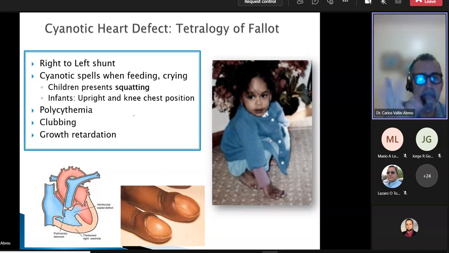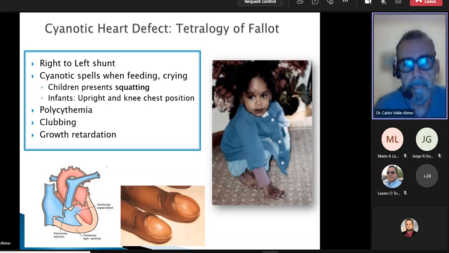If it is left to the natural evolution, you are going to see a child with growth retardation, failure to thrive, but also you are going to see a child that is cyanotic, and you see the lips and the fingers, the nails of these children, you see a bluish discoloration.